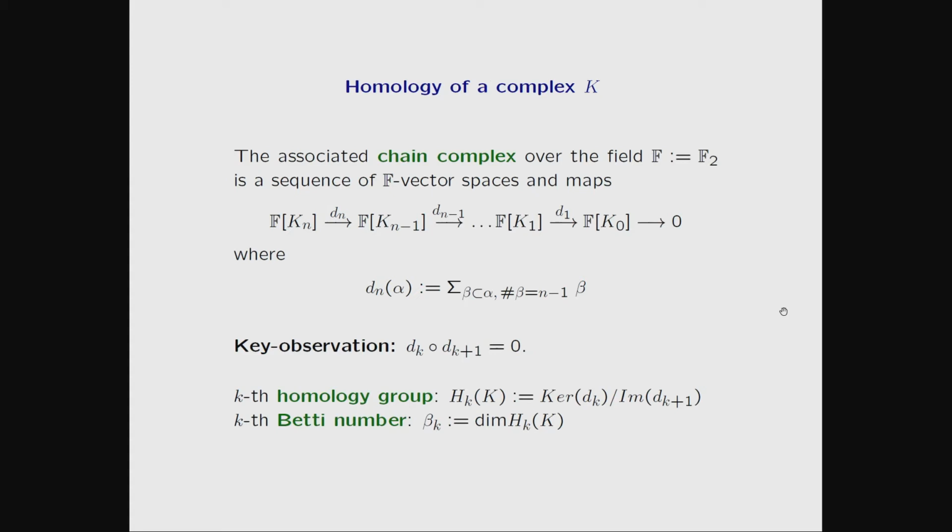I take the edges, and again, they form a basis of another vector space, and so on. And for the n-simplices, I take a free vector space on them. Now, they come actually connected by what I call a boundary map.